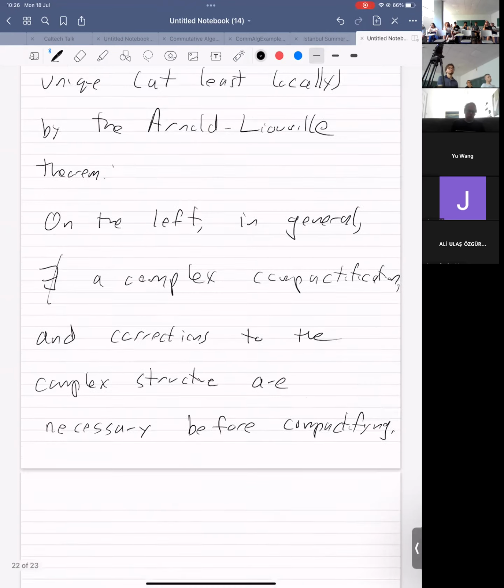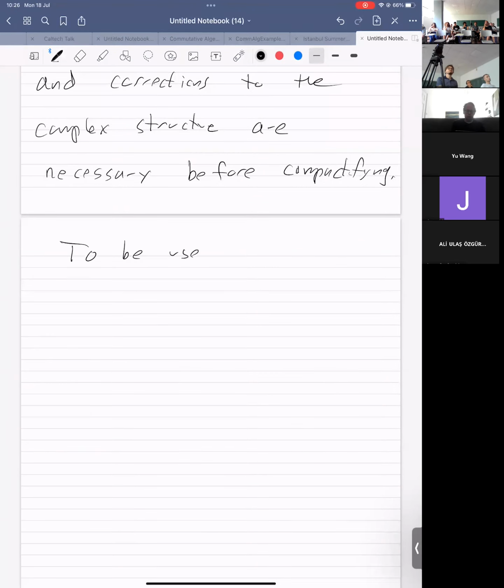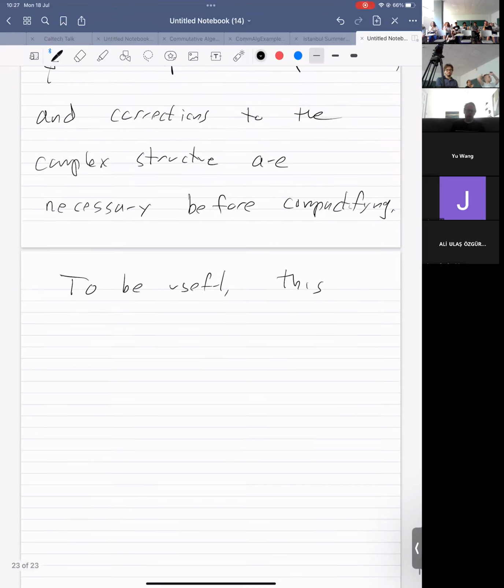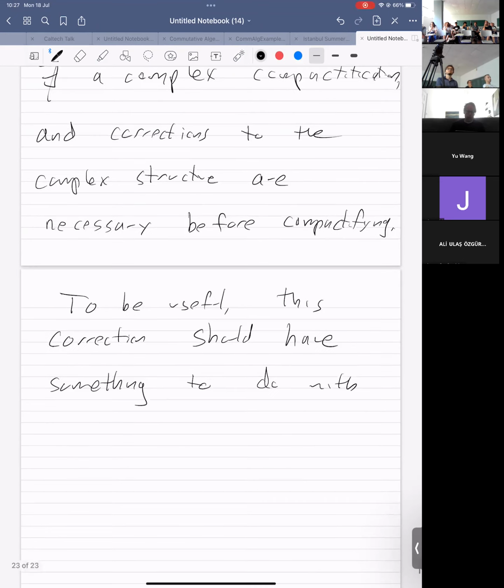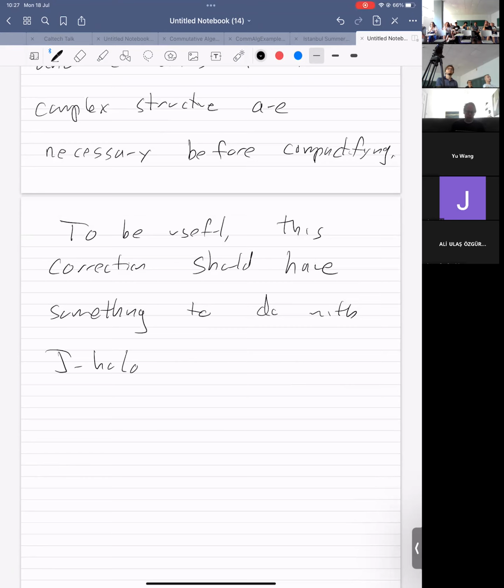So to be useful, this perturbation, or these corrections, could have something to do with J-holomorphic curves, or in fact disks, on X check of B.